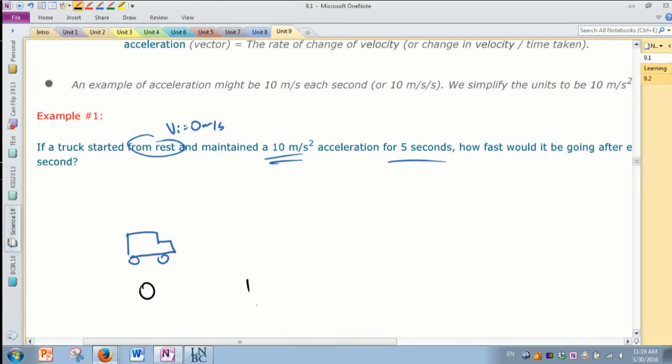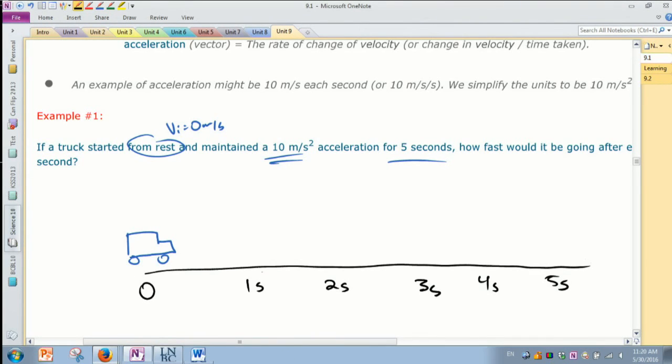I have 0 seconds, I have 1 second, 2 seconds, 3 seconds, 4 seconds, 5 seconds. All right, so my truck is accelerating. It started at 0, and then it sped up to some speed. I want to figure out the velocity at each of these times.